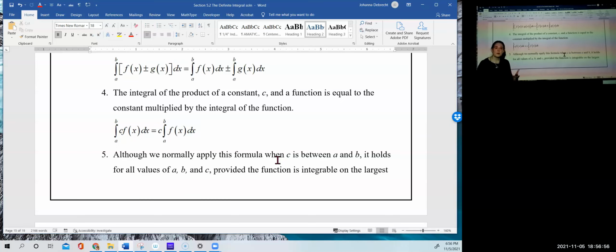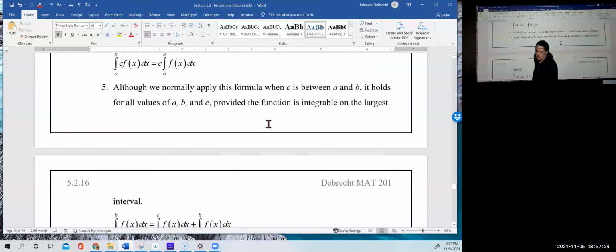A constant being multiplied by the function, in other words, simply does not change the way that the area is computed, and you can multiply the area by the constant after you're done. And so this can also simplify some of the work that we do, as you'll see when we start the true method of computation of definite integrals, which is not using geometric formulas.